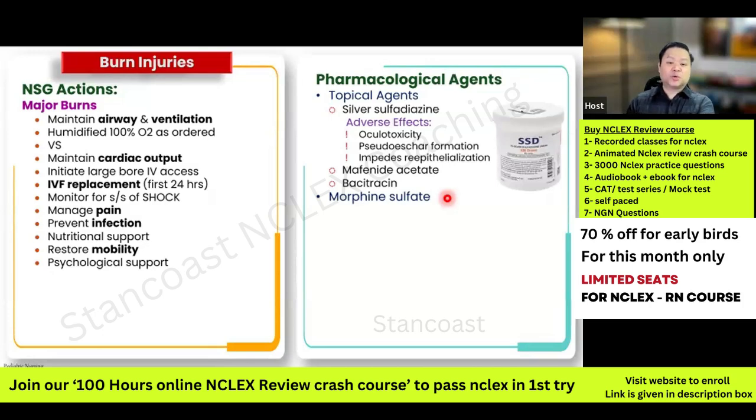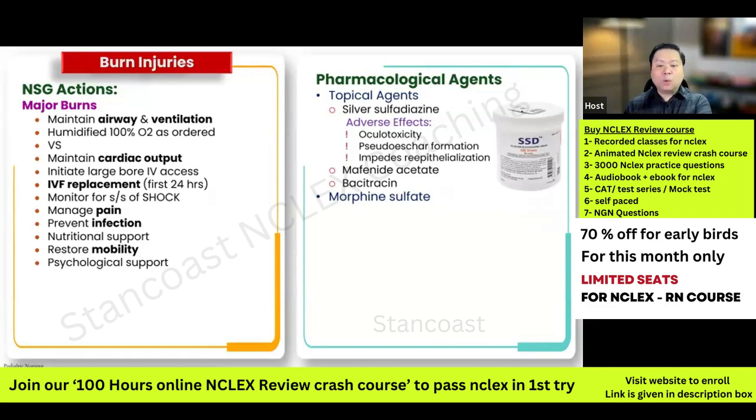Now, when we are administering the morphine sulfate, we want to make sure that we are properly assessing the pain level of our patient, and also counting the respirations before we give the medication, because it's known to depress the respiratory function, the central nervous system also. And so we want to make sure that our patient is safe to receive this.